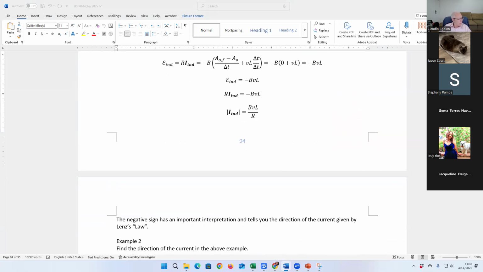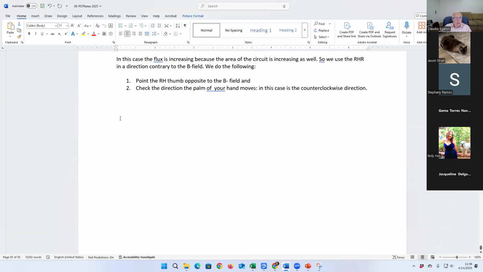And now we can do the same thing for the generator. In the case of the generator, I'm just going to treat it quickly. We're not going to do it step by step here because we need calculus to do something like that.